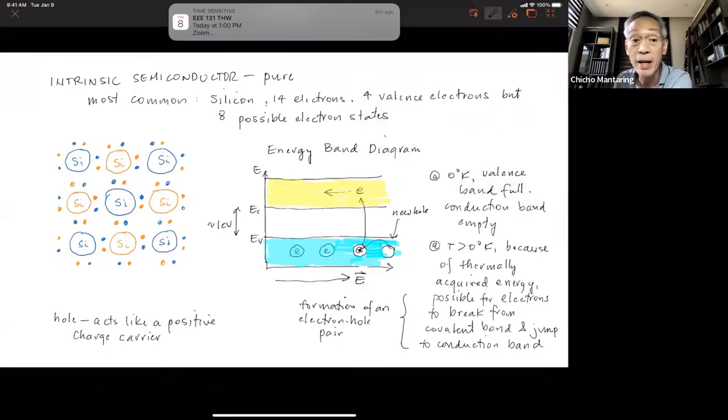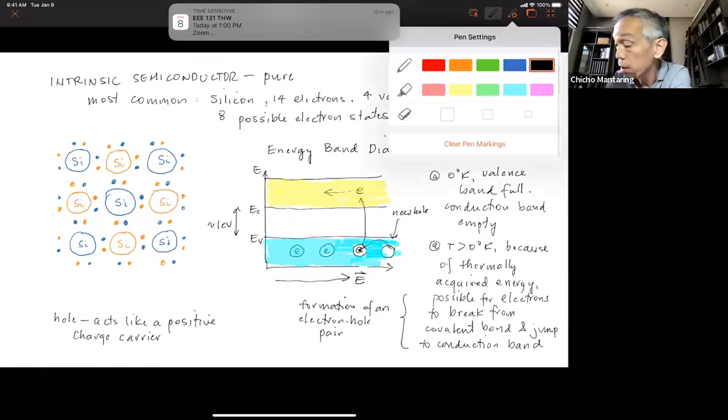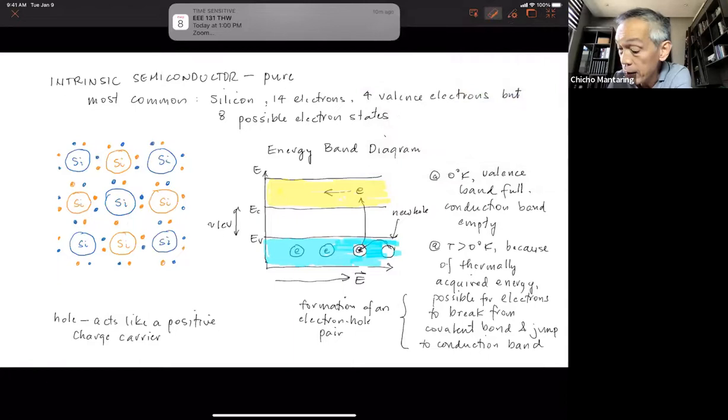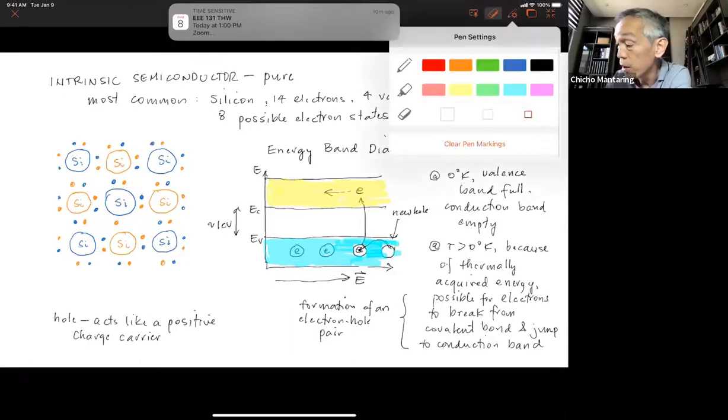Why is it acting like a positive charge carrier? Okay, consider this silicon atom. This is neutral. In fact, this entire solid is neutral. Whatever number of positive charges contained in the nucleus, that would also be the number of electrons surrounding the nucleus. So this is neutral. Now, the minute I create a hole, so let's say this becomes a hole, no?